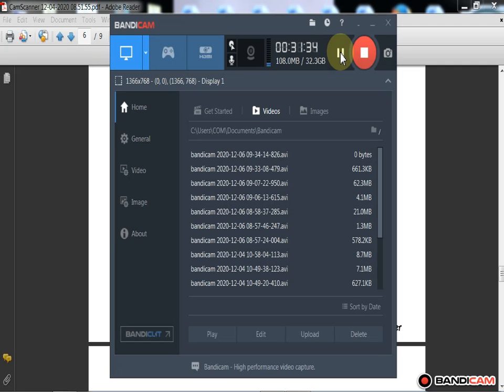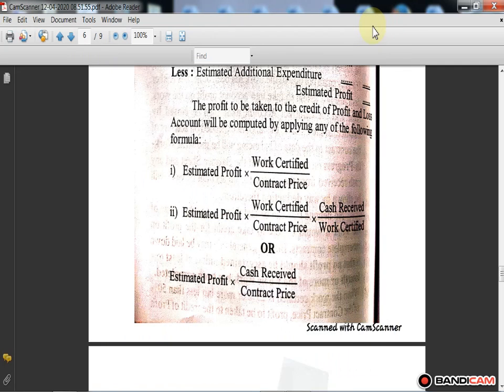Here, contract means the terminal contract or the undertaking related to building bridges, roads, or any contract. So here estimated profit is calculated as estimated profit multiplied by work certified divided by contract price.